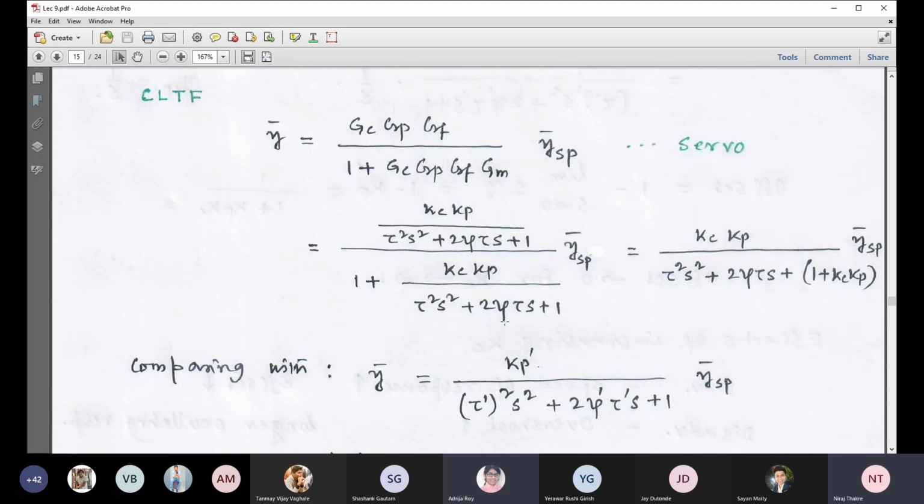And zeta prime? Zeta by under root 1 plus Kpkc. What's your roll number? 19CH10007. Yes.